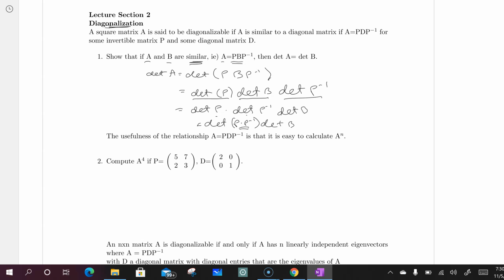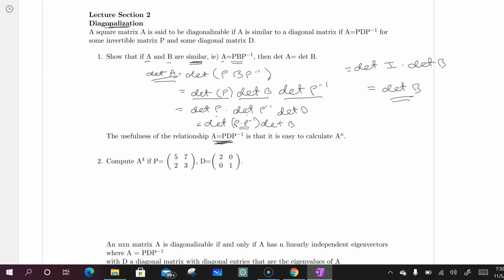Then I know that P times P inverse gives me the identity matrix, and the determinant of the identity matrix is just 1. So I got from determinant of A to determinant of B. Okay, so this is a unique relationship. We're going to find out what this is.